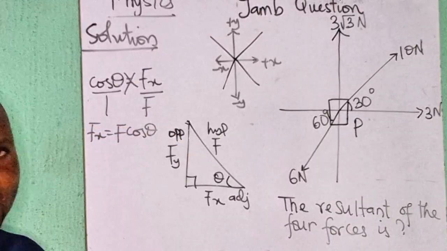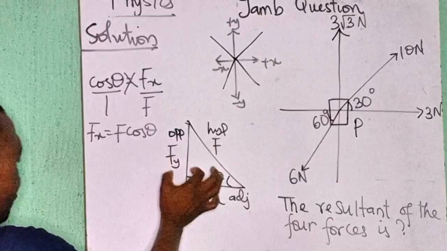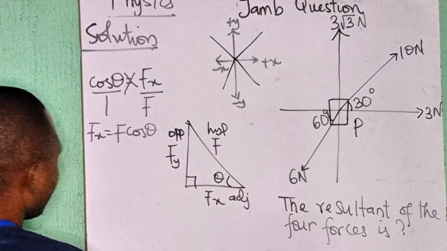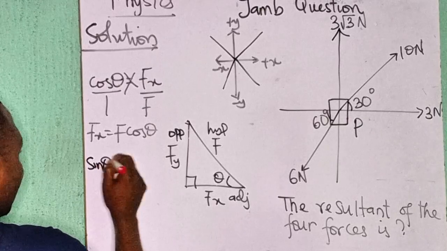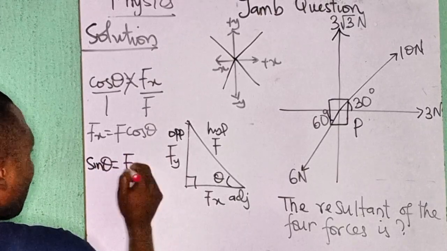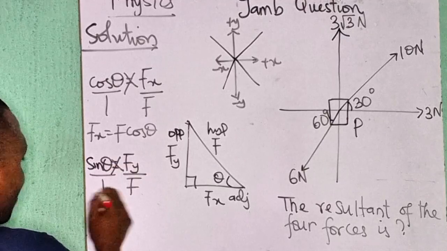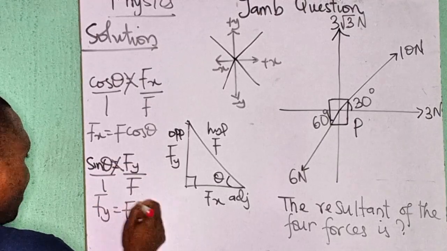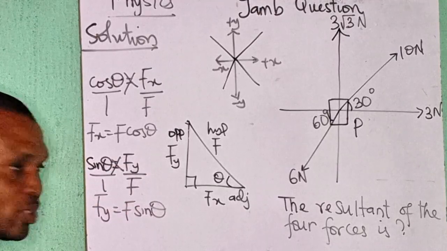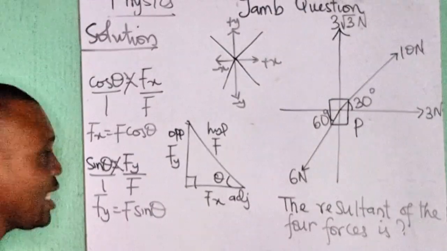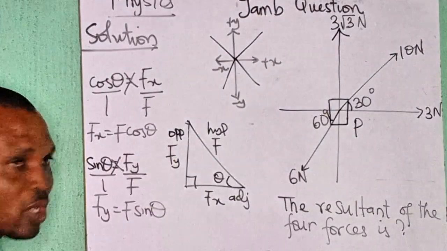Resolving vertically, it's opposite over hypotenuse, so sine theta equals fy over f, and fy equals f sine theta. So please don't forget: vertically we use sine, and horizontally we use cos.